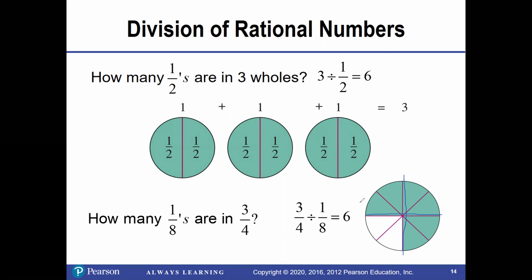How many eighths are there? Well, this is a fourth. Divide that in half, that one in half, that one in half. That gives you eighths. 1, 2, 3, 4, 5, 6. Right? So using the pictures does help a little bit in the description of them.